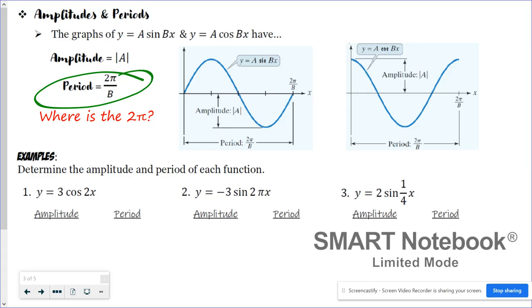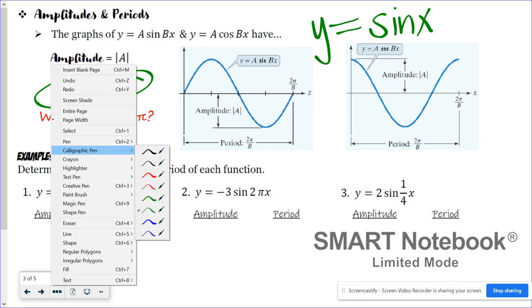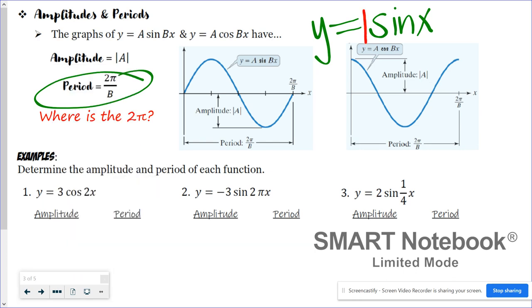Because when you just look at y equals sine of x, I don't see 2 pi anywhere in that formula. Y equals sine of x has an a value of 1, it has a b value of 1. So I take the absolute value of a, that's my amplitude. To get the actual period of the graph, I have to go 2 pi divided by my b value.